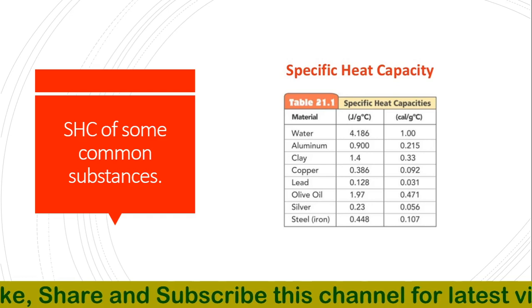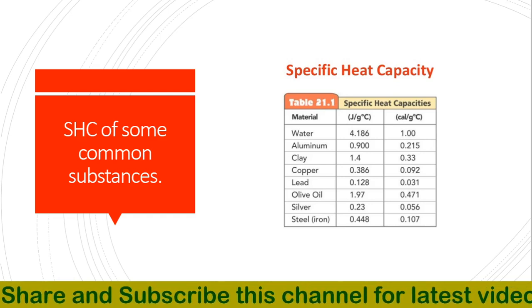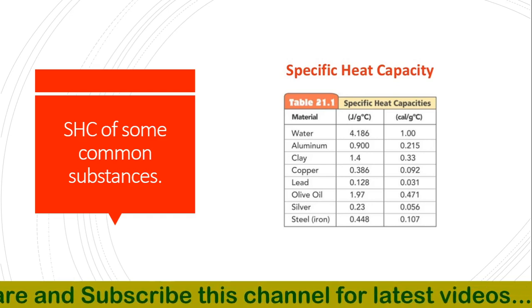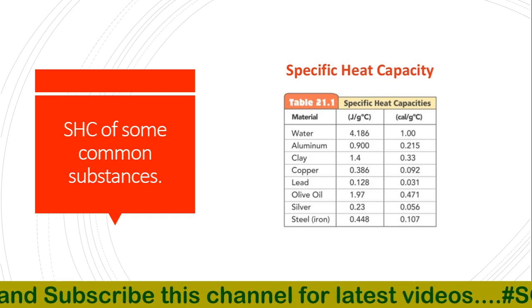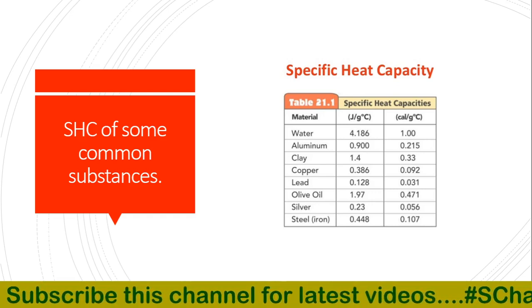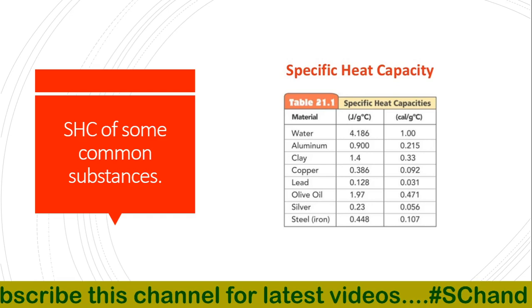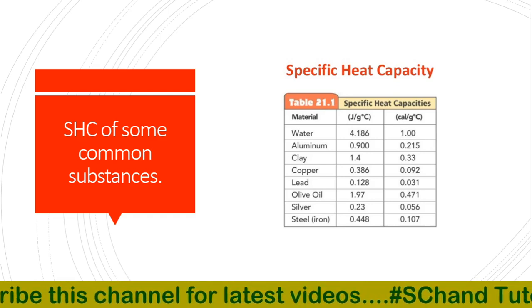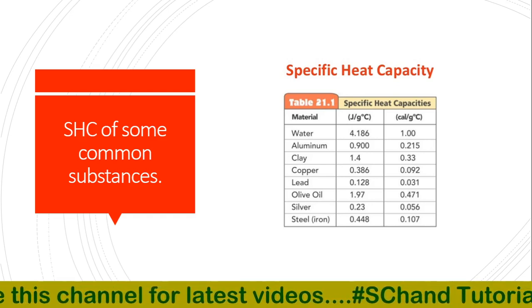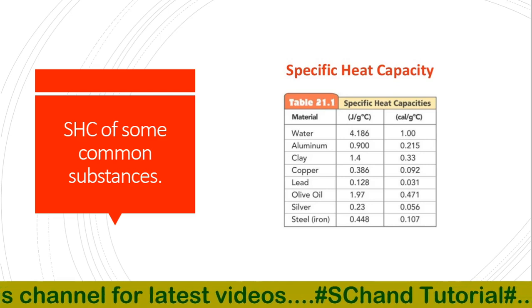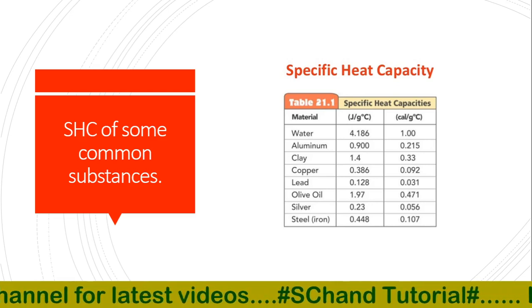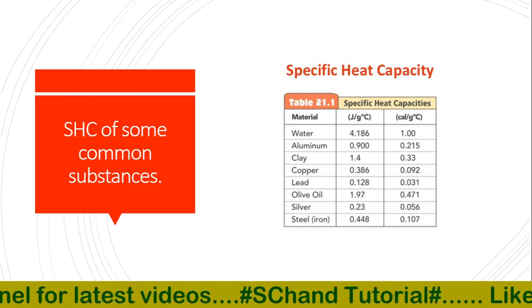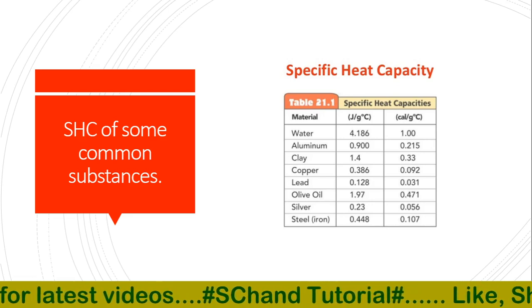If I say the specific heat capacity of copper is 0.386 joule per gram per degree Celsius, what do you mean by this statement? So here the copper specific heat capacity is 0.386. Only you have to write in the definition by using whatever is given.